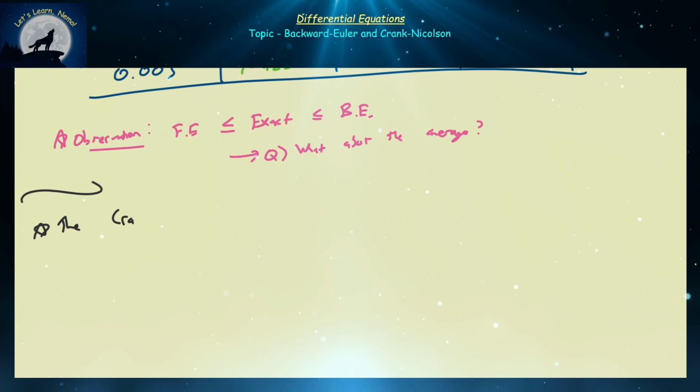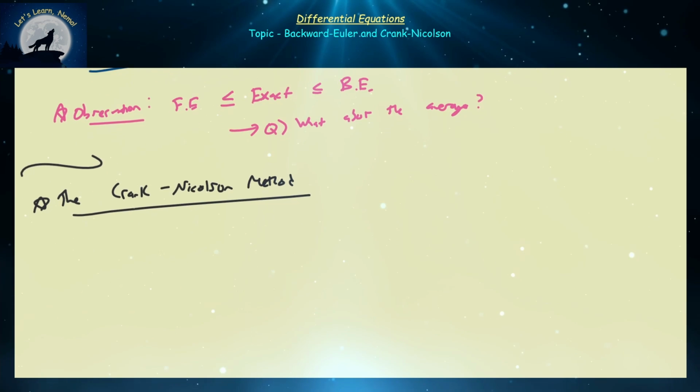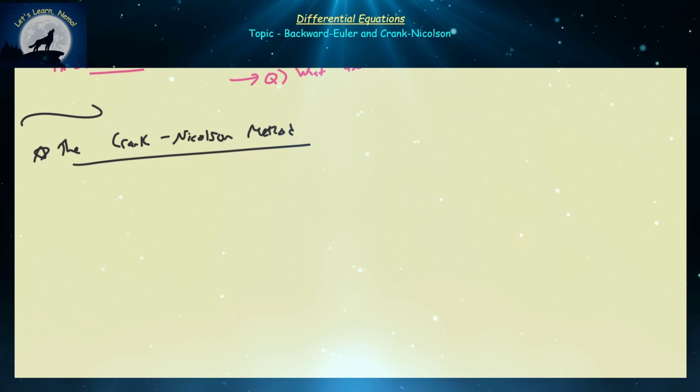Some people also call this the midpoint or the trapezoidal rule. So the midpoint or the Crank-Nicolson method can be viewed as an average of the Forward Euler and the Backward Euler schemes.